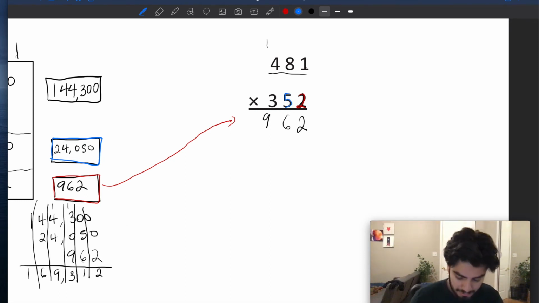Let's see. 5 times 1 gives me 5. Now, wait a minute. What did I just do wrong? I forgot to add my 0. You are correct. So let's erase that and add our 0 here.